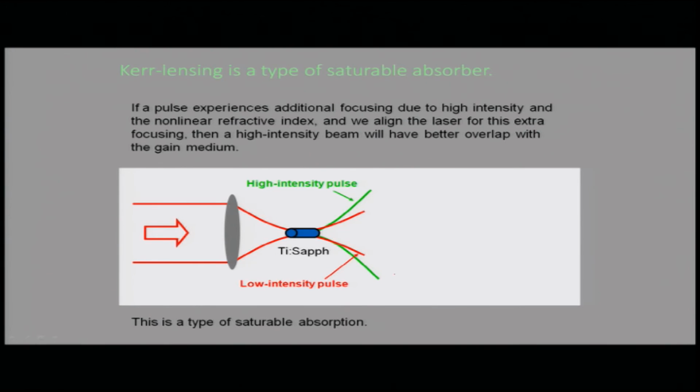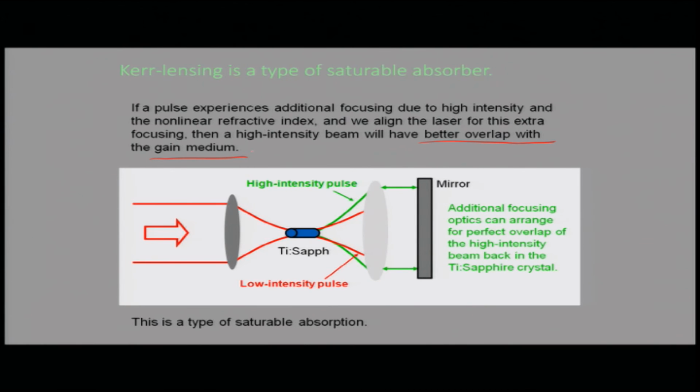So, it is a type of saturable absorption in some sense, where the pulse experiences additional focusing due to high intensity and the nonlinear refractive index. Then we align the laser for this extra focusing, so a high intensity beam would have a better overlap with the gain medium, and this is the saturable absorption used for the titanium sapphire laser.